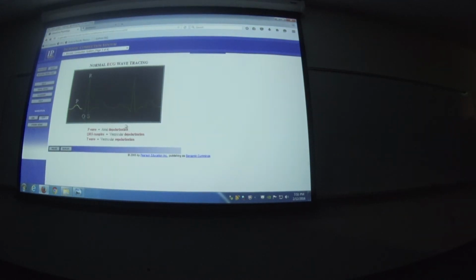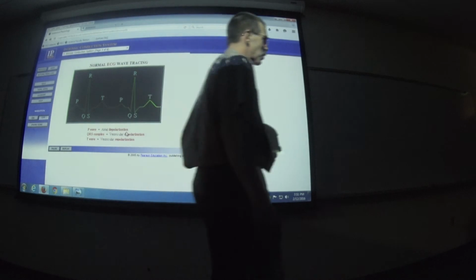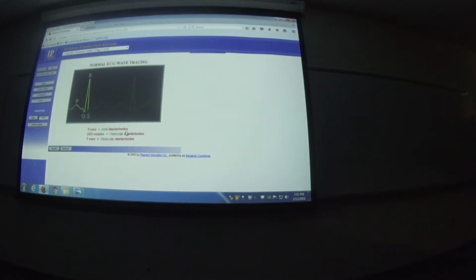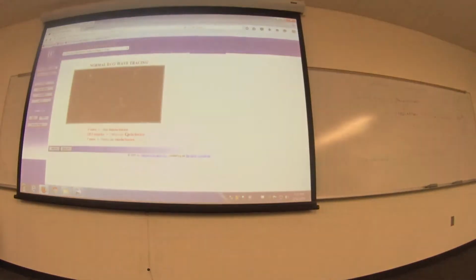So we have the P wave, a QRS complex, and a T wave. If you read down here, they're saying what those bumps or blips or deflections are doing. So the P wave is atrial depolarization. Can someone tell me, on what I just put on the board, which node would be responsible for atrial depolarization?